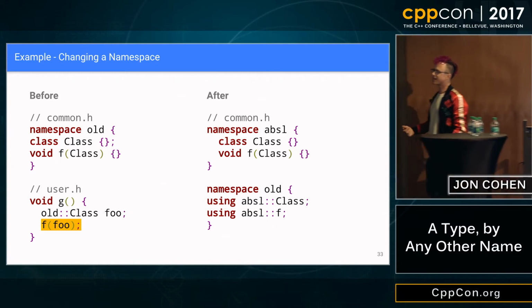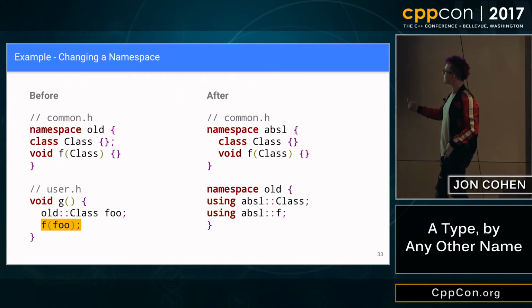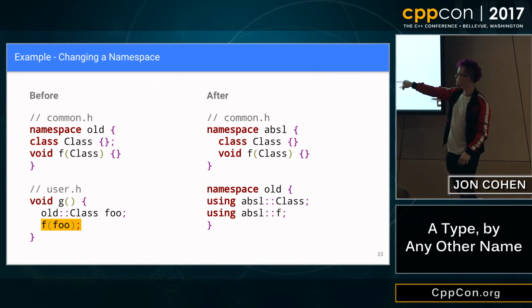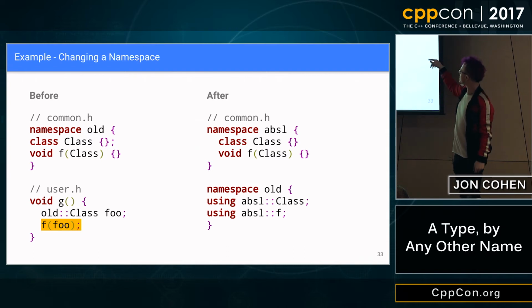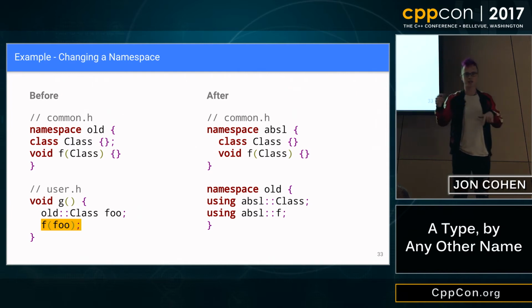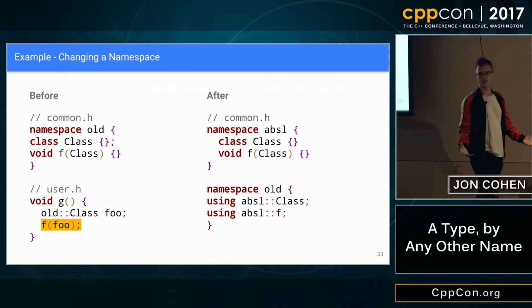An alias is not a type. It's another name for a type. So the associated namespace of class and f is still absl, even though it's declared as an old::class in our function. And we've also moved f into namespace absl. So in this instance, both the type and the function are in the type's associated namespace. The compiler finds the function via ADL. It calls it, everything's fantastic.